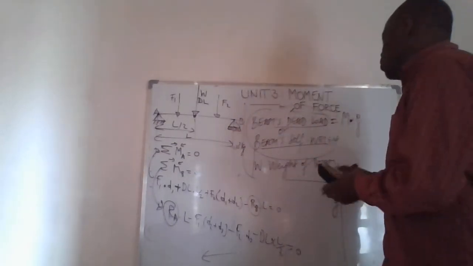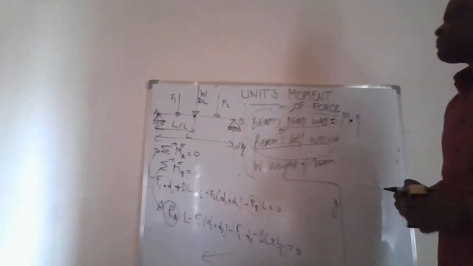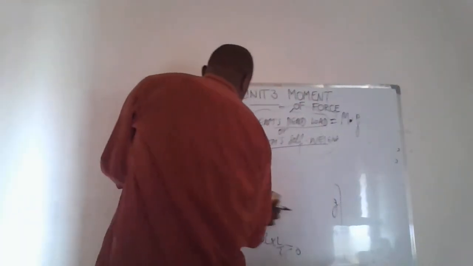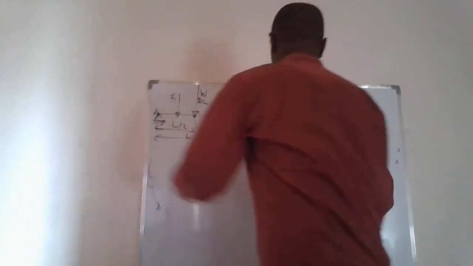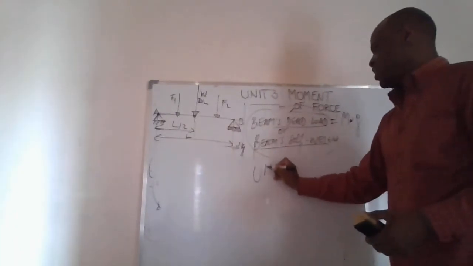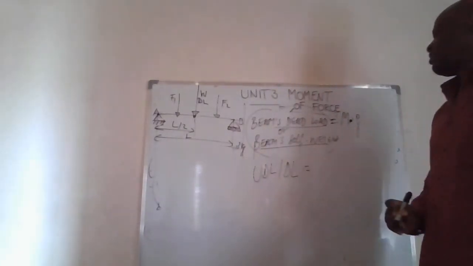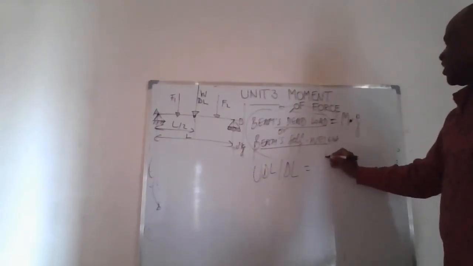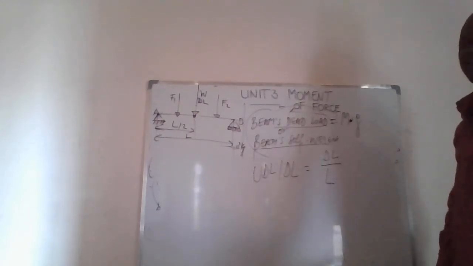Now, when it comes to the other concept, the UDL dead load. What is the UDL dead load? UDL dead load is always calculated by taking the self-weight or the dead load of the beam over the length.